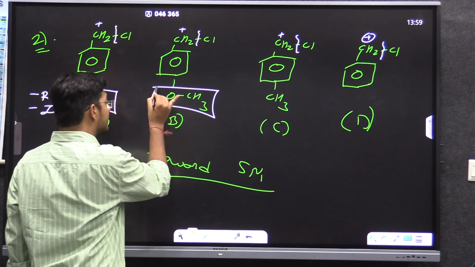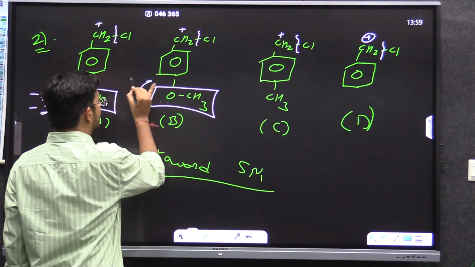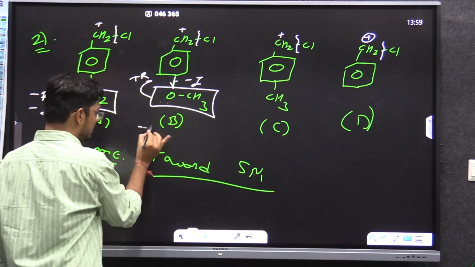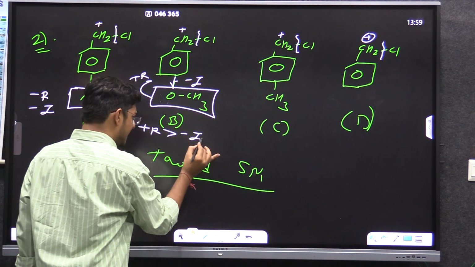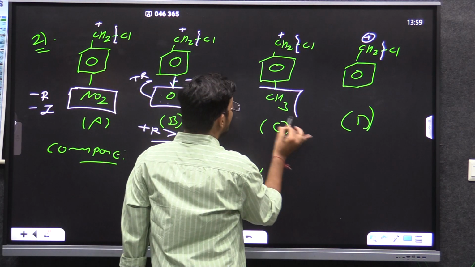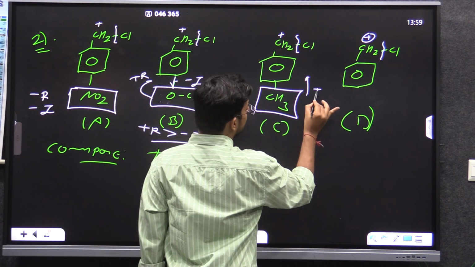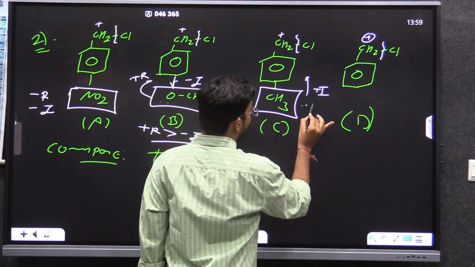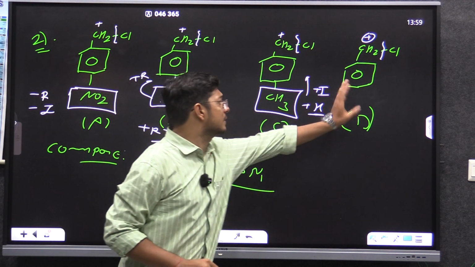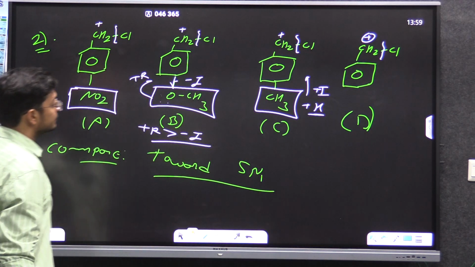The OCH3 gives plus R and minus I, and plus R is dominant over minus I in such questions. In this case, plus I and plus H are favorable, and for the fourth one nothing is given.